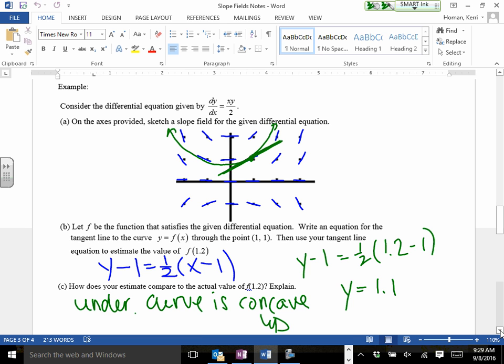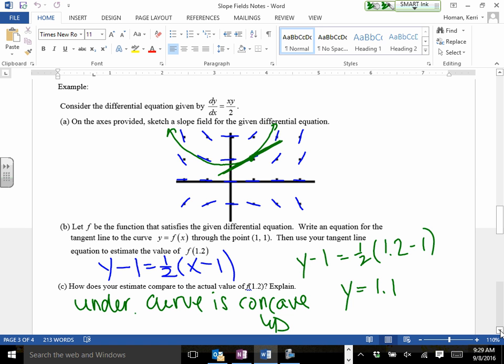What's nice about slope fields is you don't have to actually find the second derivative. We could, but since we have the slope field, we can tell that our curve is concave up where our point is, and so we know that our tangent line is sitting underneath.